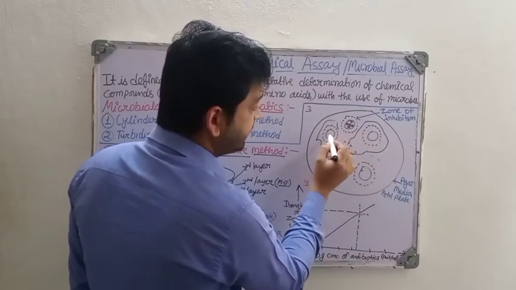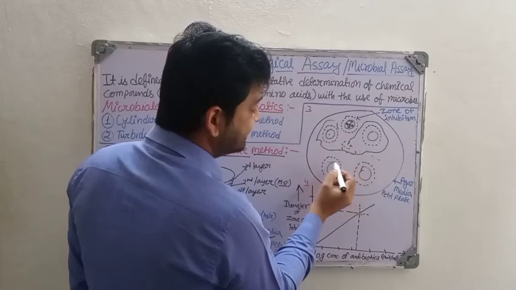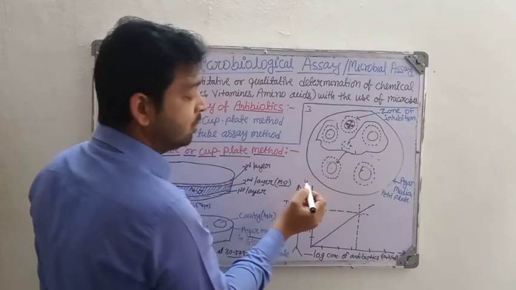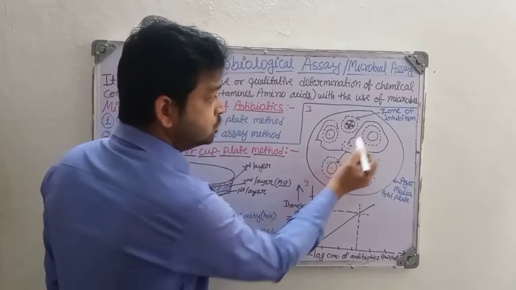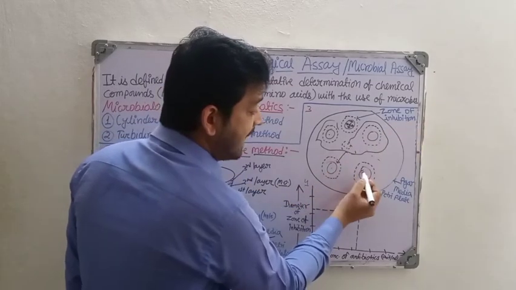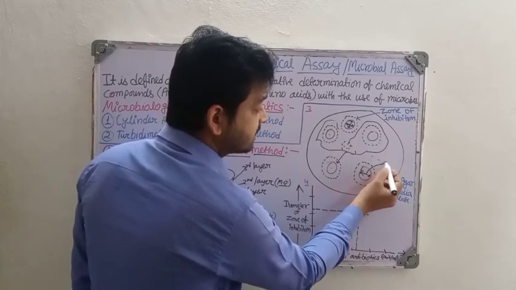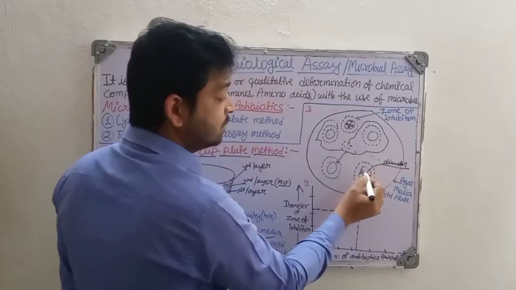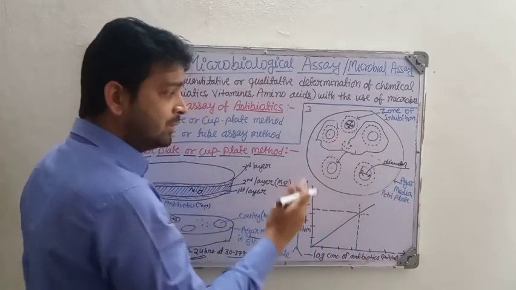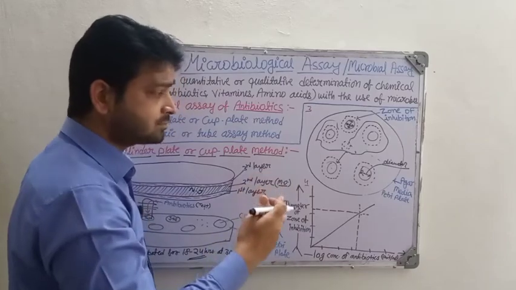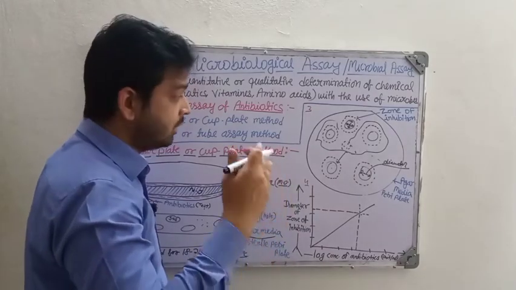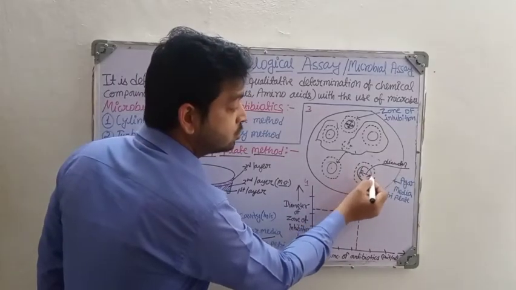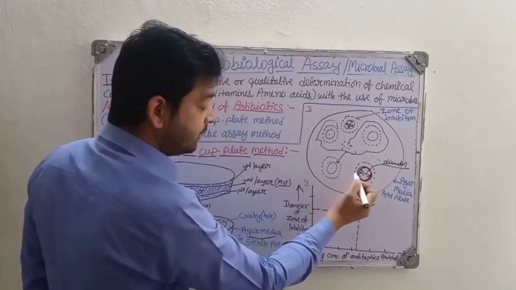Because of the presence of antibiotics in these holes, they will not allow the microorganisms to enter towards the hole. We are going to measure the diameter of the zone of inhibition, which is the area around the hole where the antibiotic was able to stop the microorganism from growing.